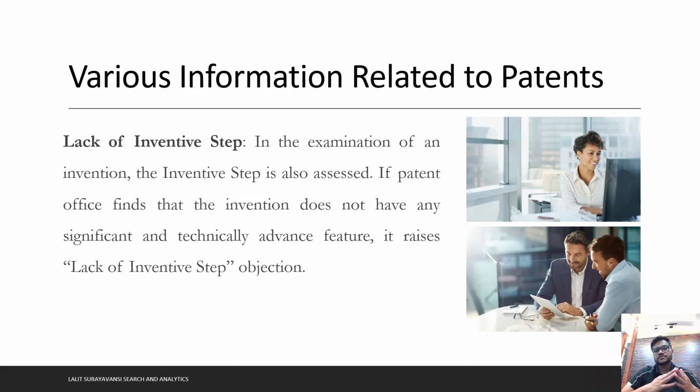Because they can't identify a single reference, they will come up with 3 different documents and combine those prior documents, and say that each and every aspect of your invention is disclosed by these 3 references. So there is no inventive step in your invention. You have merely combined teachings from these 3 documents, and because of that there is no novelty in your invention.